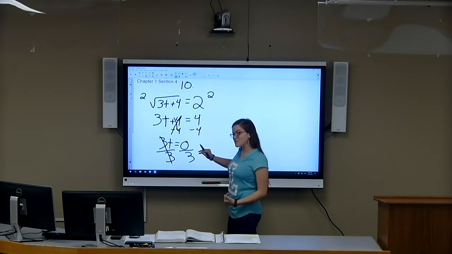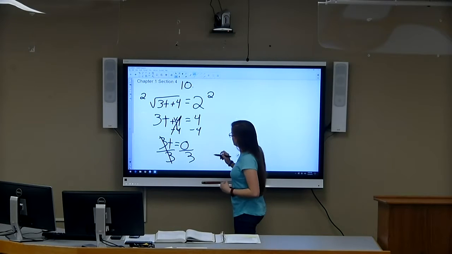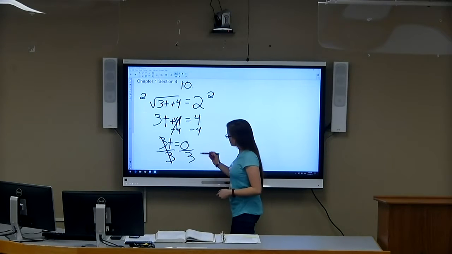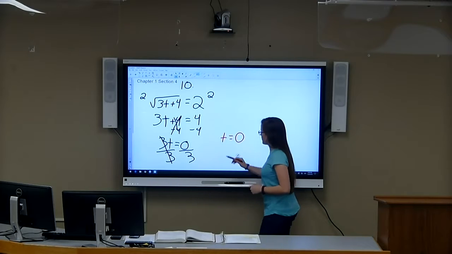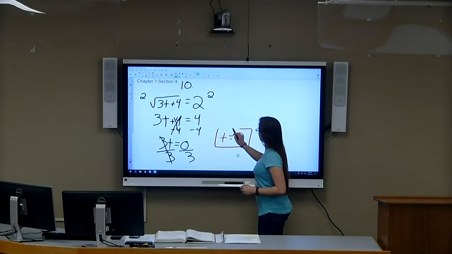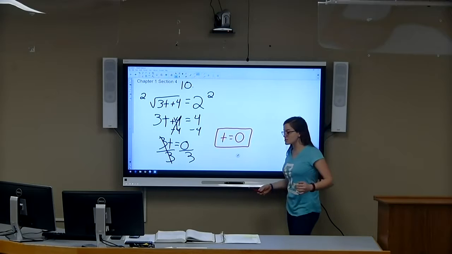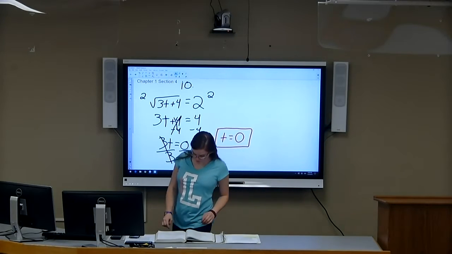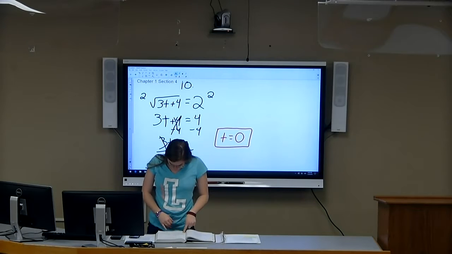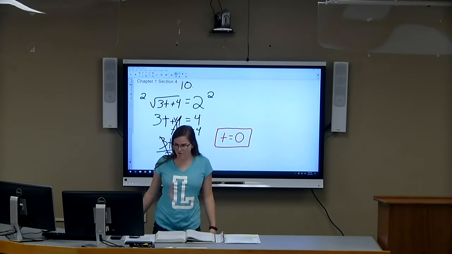Anytime you divide 0 by anything, the answer you're going to get is 0. So t equals 0. This is the answer to that equation. And that's all it is. You'll work out all of the ones from 9 to 32 like that.